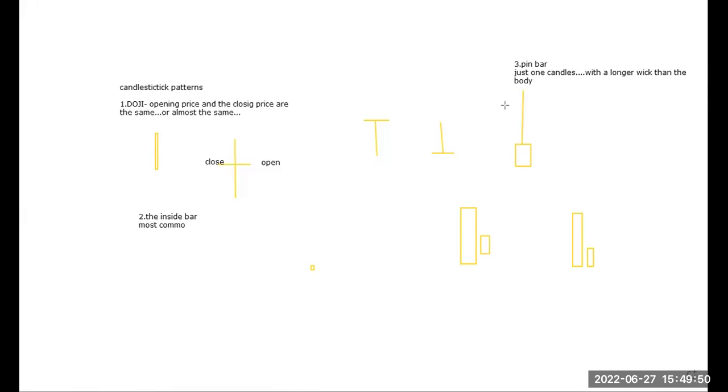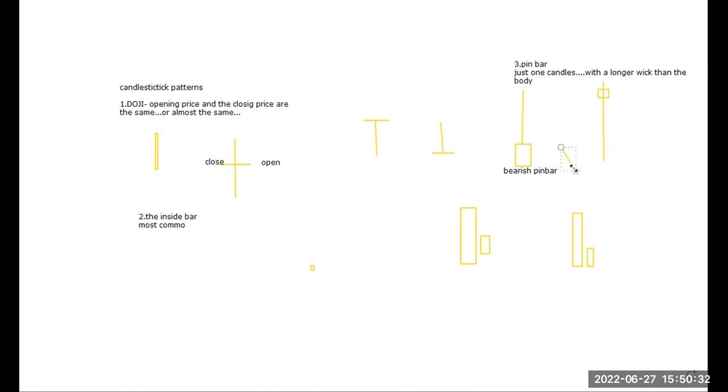We have already talked about the wicks and the bodies. In this case, this is called a bearish pin bar. Then, apart from that, we have a bullish pin bar, which can be illustrated in this way.